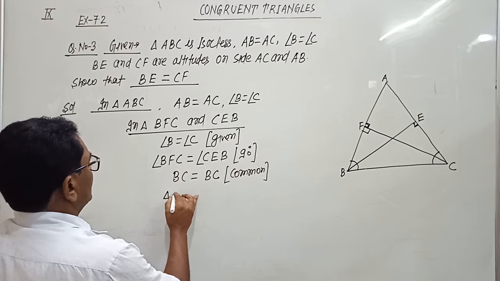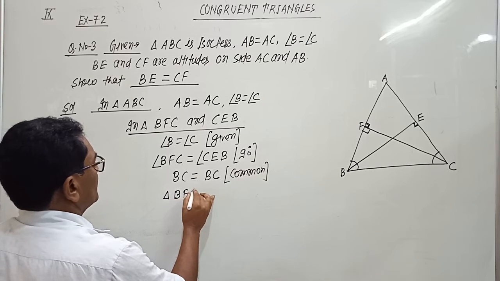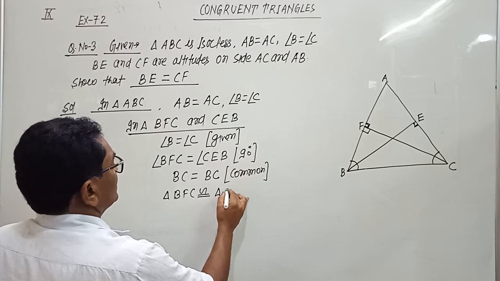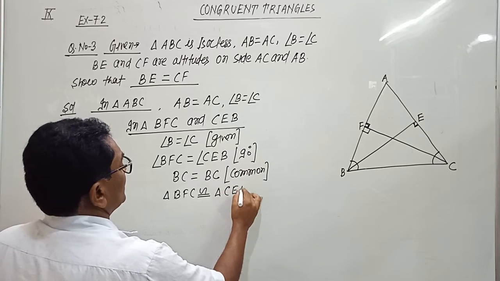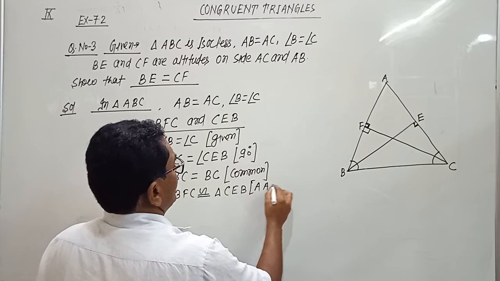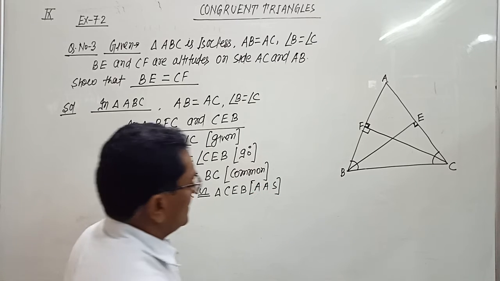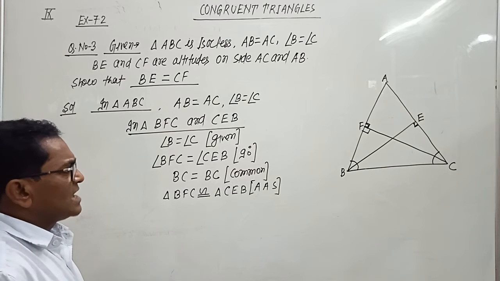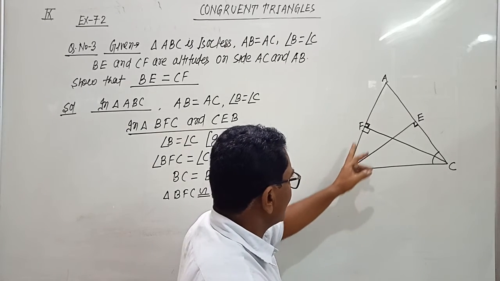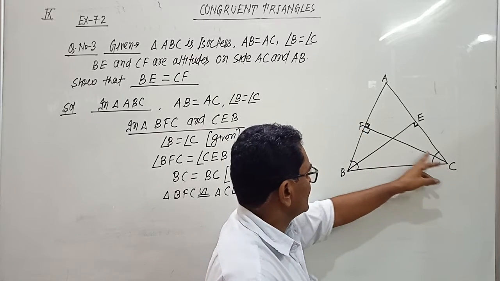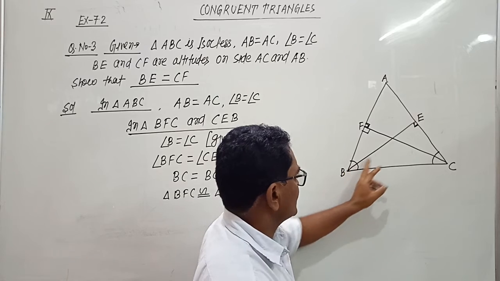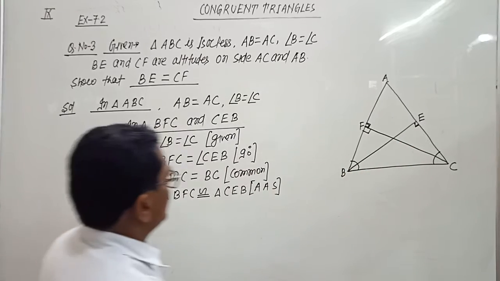So triangle BFC is congruent to triangle CEB by AAS congruency. And if triangles are congruent, then by CPCT, in triangle BFC, the side CF, and in triangle CEB, the side BE are equal.